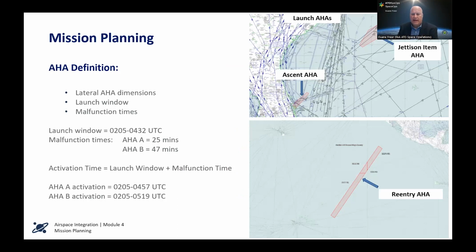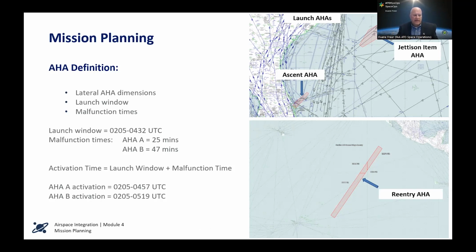So what we do with that is we take that information and we build it into our mission plans. We define the hazard areas, and you'll see the screen that you saw previously with those 3 different types of hazard areas. And we've done now the math. We've received the launch window, we've received the malfunction times, and we add those together and we come up with an activation time for those hazard areas that you can see at the bottom of the screen.